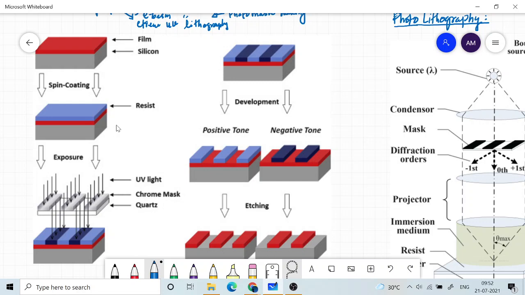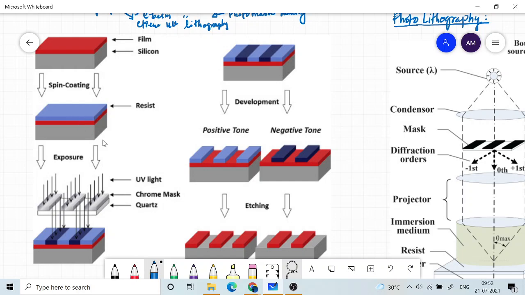Because of the centrifugal force, this resist material will spread from the center to the entire wafer area, and depending upon how much angular velocity you rotate the wafer, that will decide the thickness you ultimately get for the photoresist. So that is how it is a simple process of coating with photoresist.